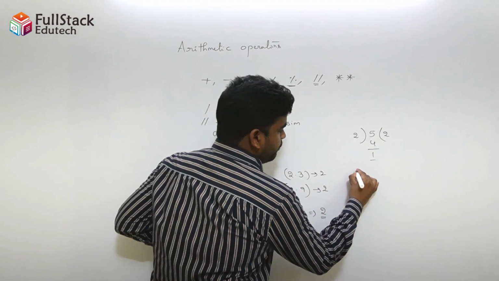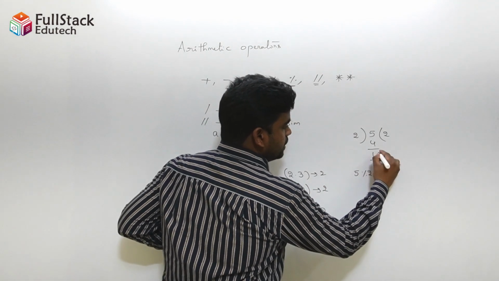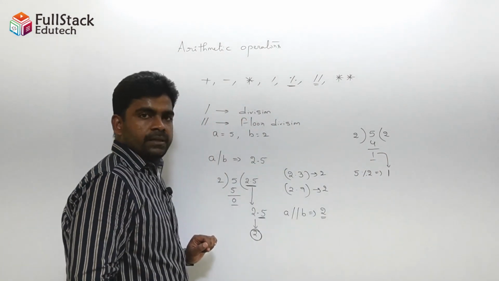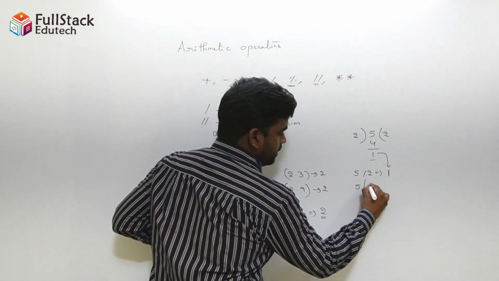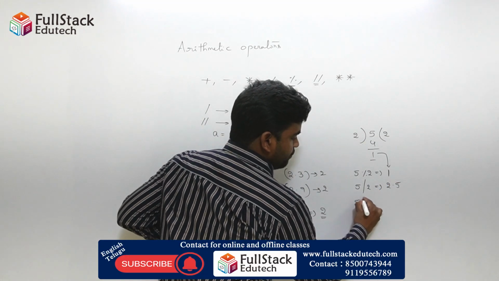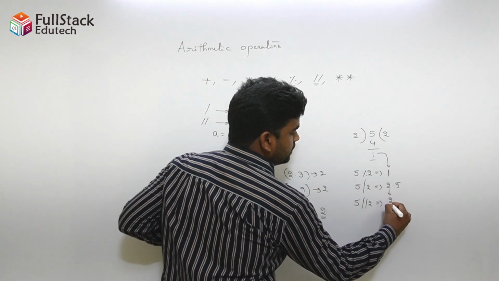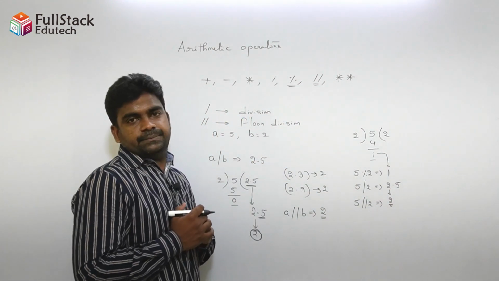So 5 mod 2, the output is the remainder, 1. So once again, 5 by 2 division will give 2.5. 5 floor division of 2 will give only the integer part after the division operation.